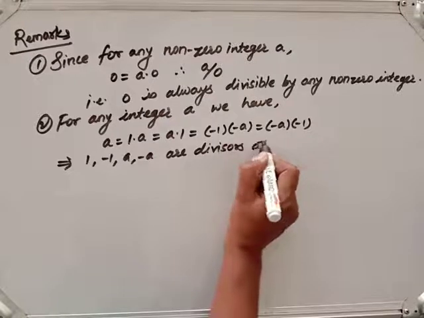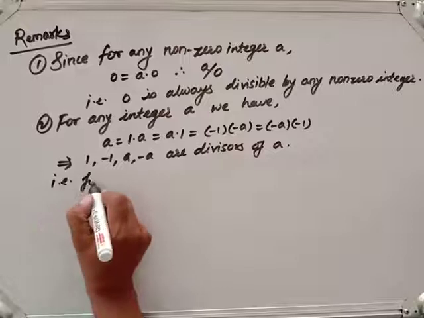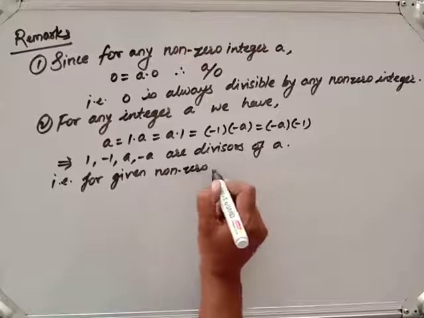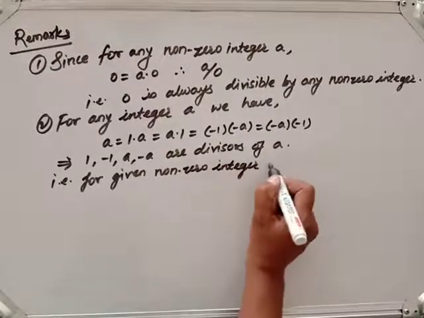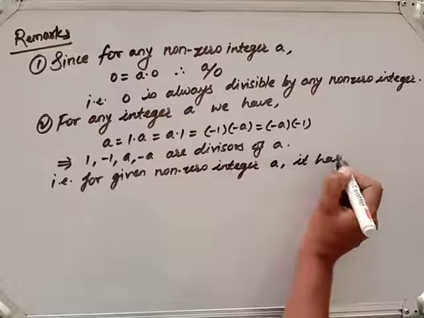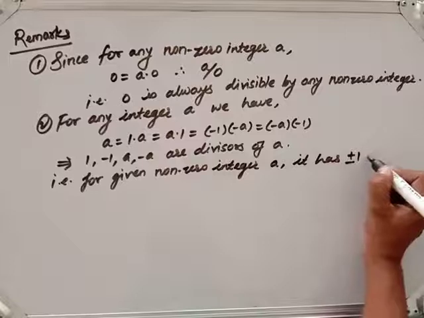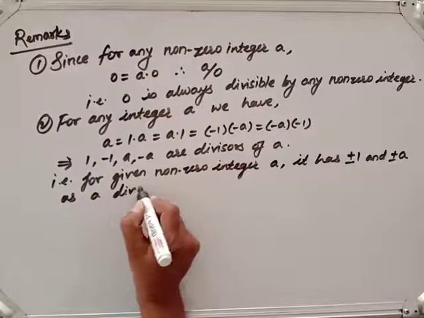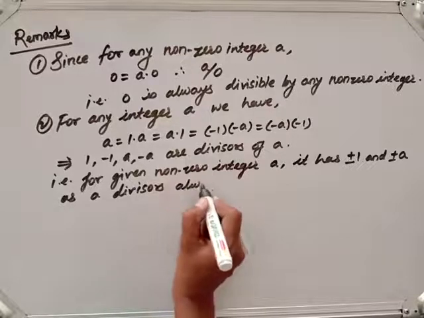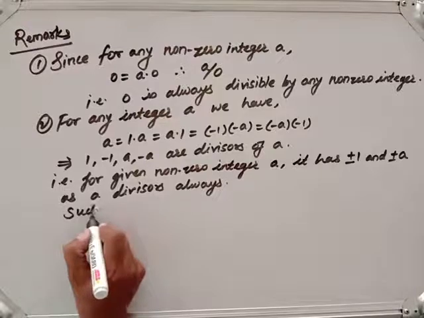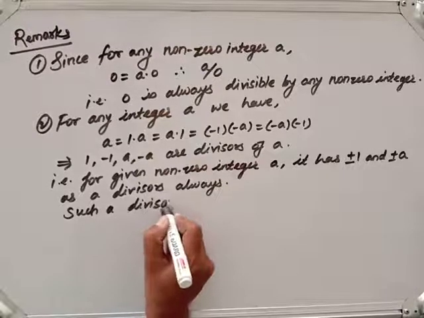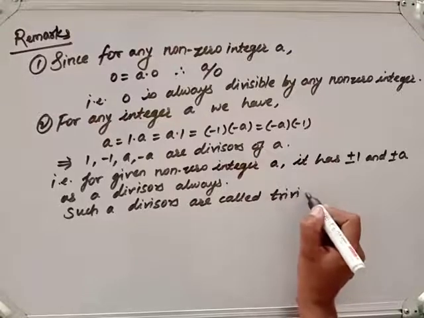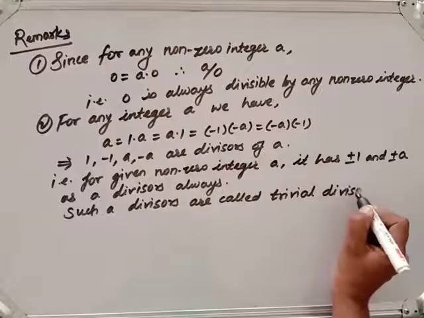That is, for a given non-zero integer a, plus minus 1 and plus minus a are always divisors. These are called trivial divisors.